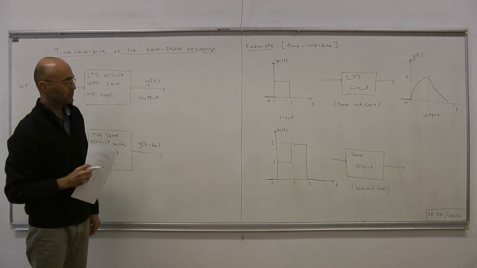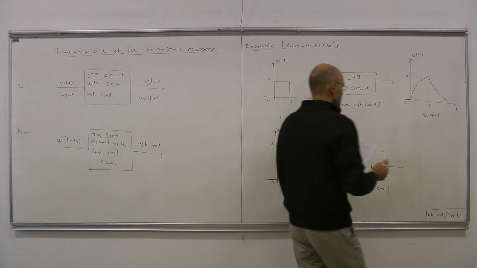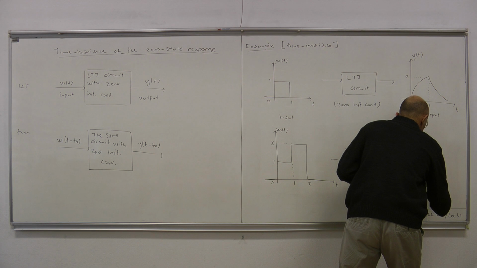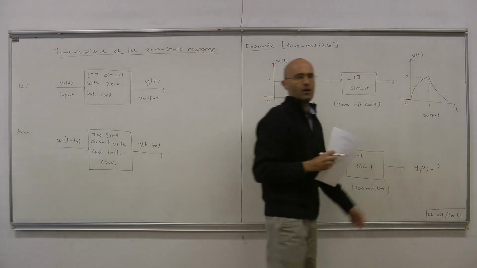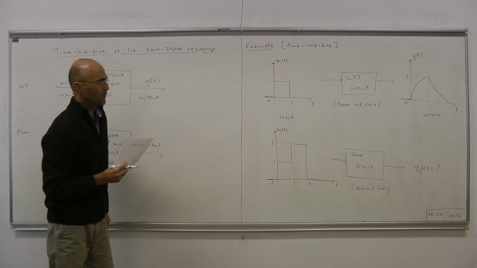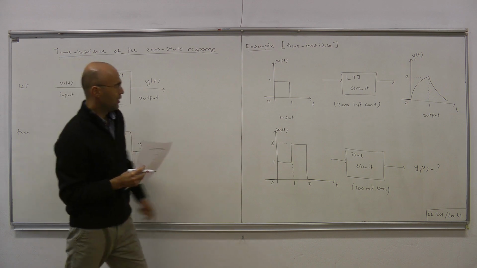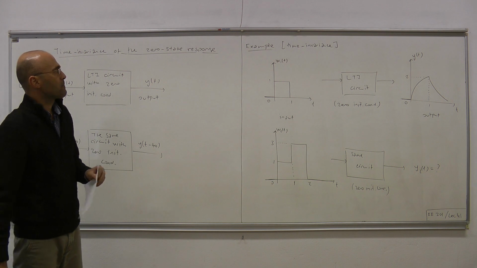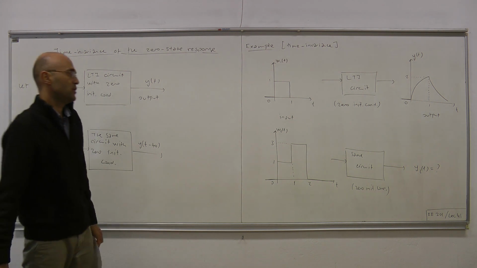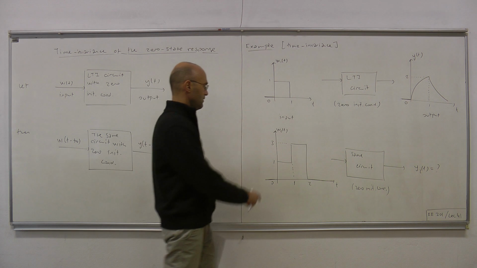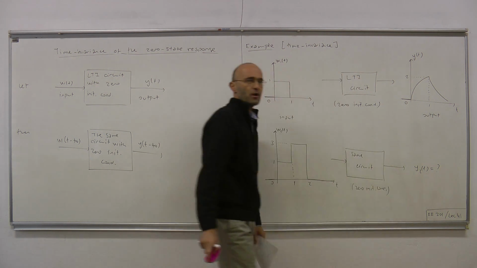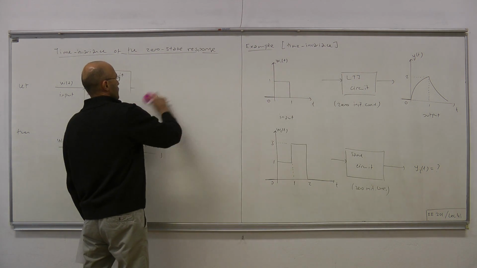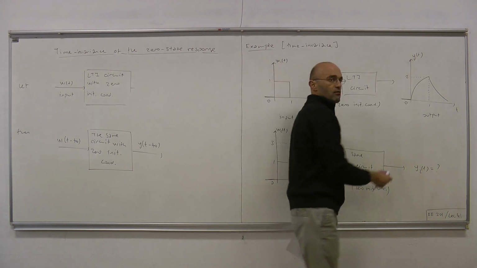The question is, what will we see at the output for this particular input? By using time invariance and also homogeneity, we can easily construct y2 of t from y1 of t information.